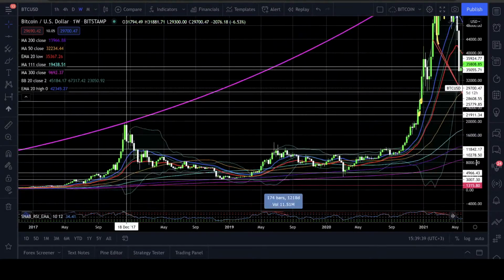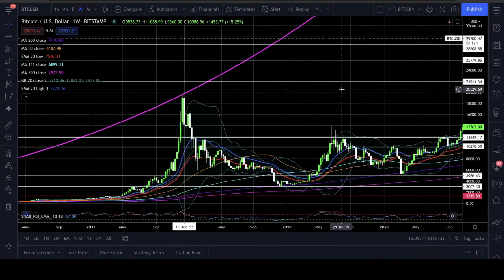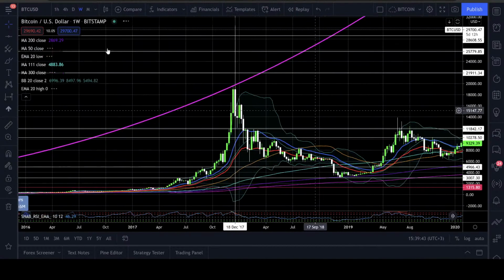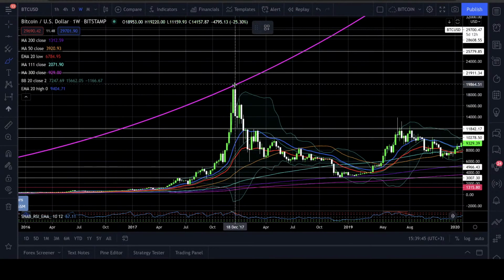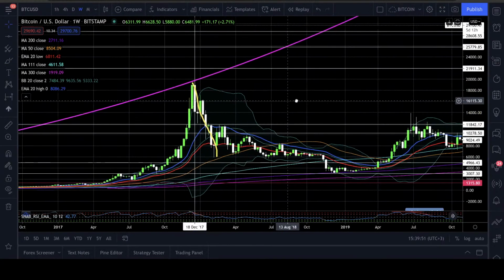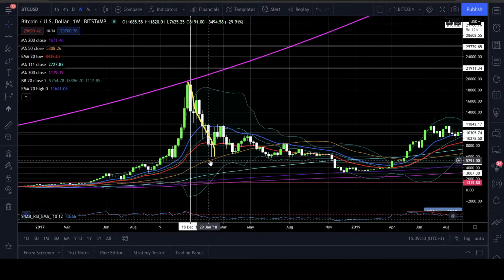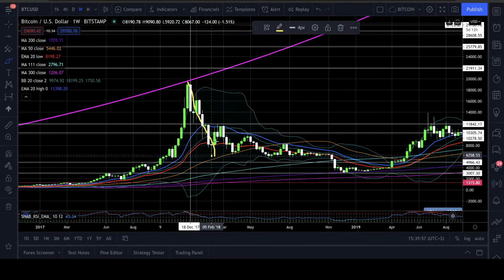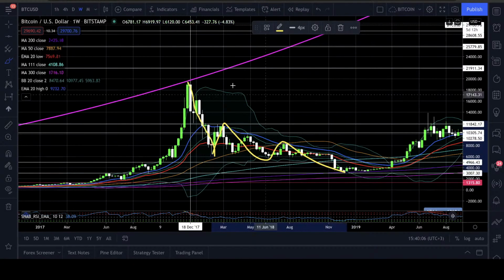For example, I'll show you the five wave that Bitcoin did last time. Usually the first wave crosses the exponential moving average, and that's the first wave. Second wave, third wave, fourth wave, and fifth wave. See that?